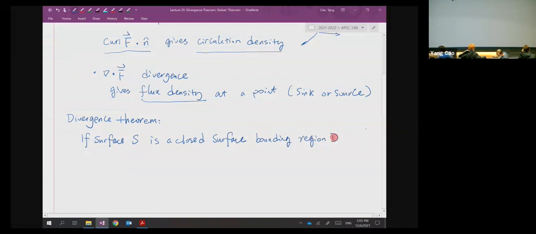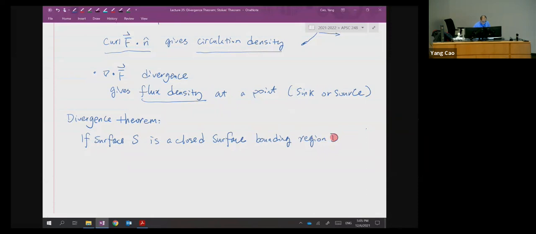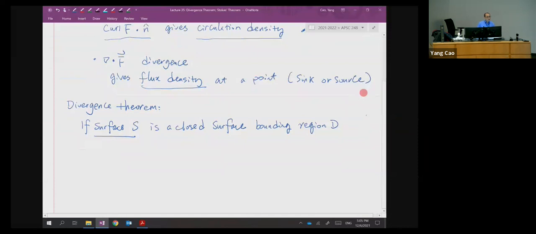A spherical surface bounds a sphere region. This is the assumption here: we need an enclosed surface bounding a certain region D.